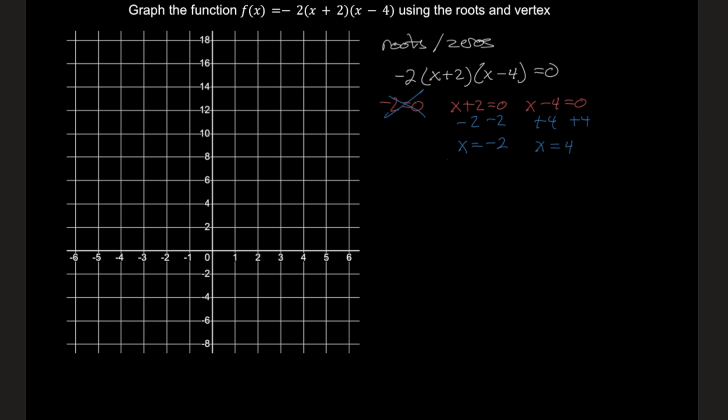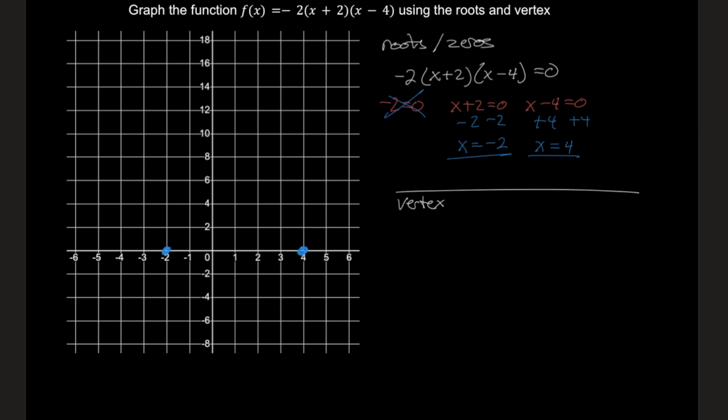So these are roots, zeros, or x-intercepts. Since we're graphing, I'm going to go ahead and plot those points. So negative 2 is one of my x-intercepts, and 4 is the other x-intercept. There we go. Now we are just going to go ahead and find the vertex.